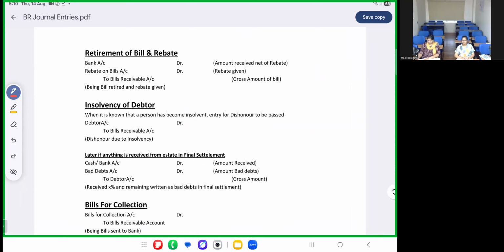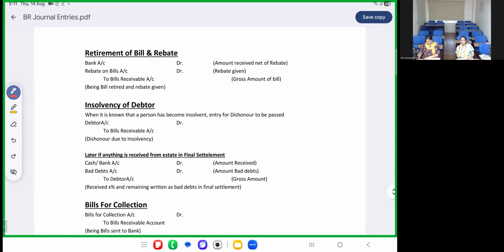Next is retirement of bill and rebate. What is retirement of bill and rebate? Retirement means expiry. Here they have extra funds.